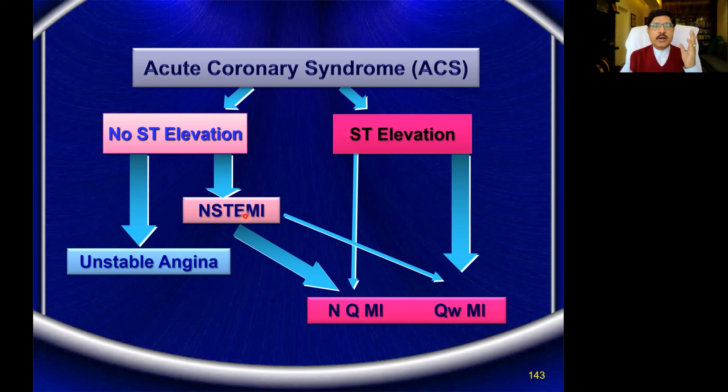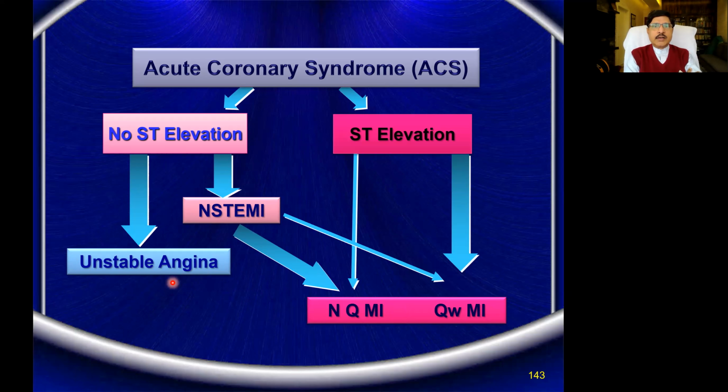How do I know? By looking at the enzymes: troponin I, troponin T, LDH, CPK, SGPT, all the cardiac enzymes. If the enzymes are elevated, there is evidence of injury. That means there is NSTEMI with chances of progression to Q wave myocardial infarction. Suppose the enzymes are not elevated, it is a relatively short duration, and the ECG becomes normal. That is what is called unstable angina.